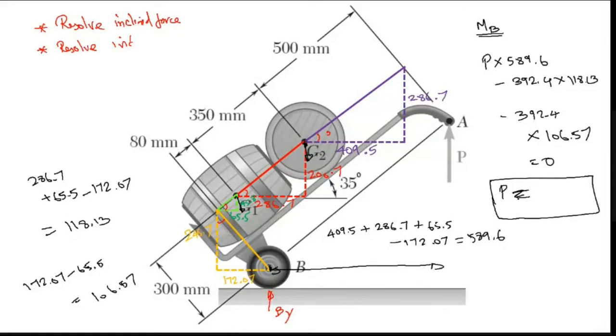You need some training to identify the vertical and horizontal distances. Very good, it is 149.7 Newton. That is the required force to hold this in that particular position without having rotations and other things.